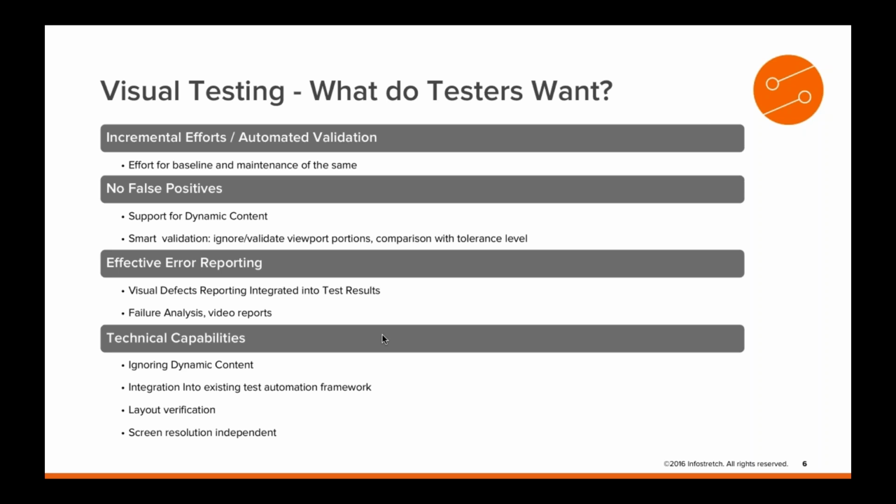You also want very effective error reporting to the extent that it is quite integrated and ingrained in your normal test reporting so that you don't have to go in two places, right? And it gives you drill down capability and decision-making capabilities around what the failure is and quickly points it out, right?